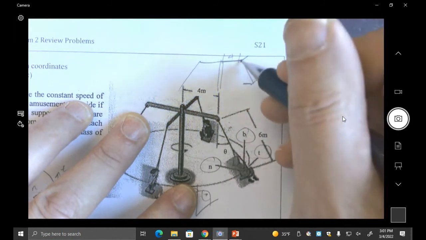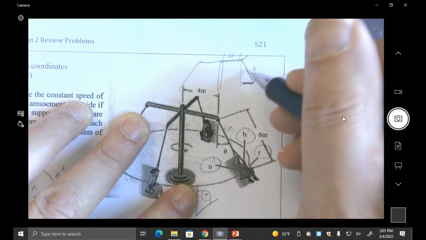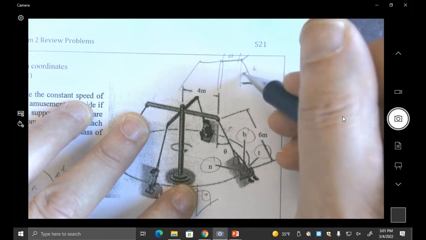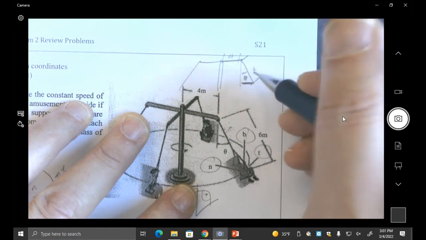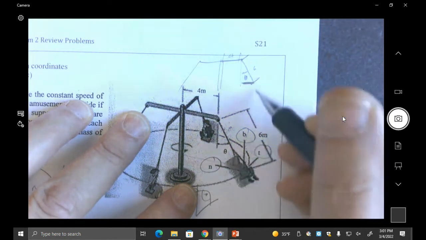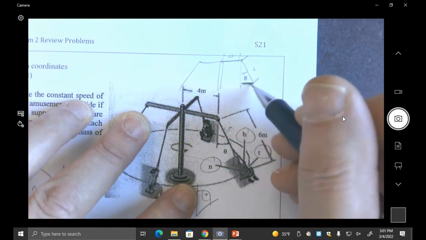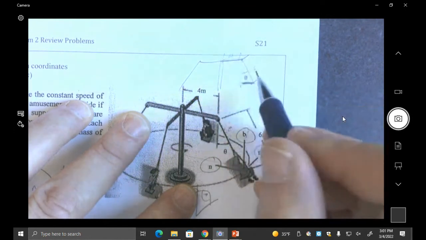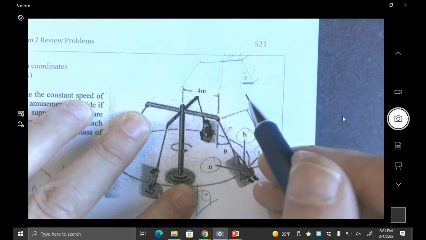So I want to find this little segment right here. That's going to be 6 times the sine of theta, where theta was given right here. So that's going to give me the opposite length from here. So it's going to be 4 plus 6 times the sine of theta.